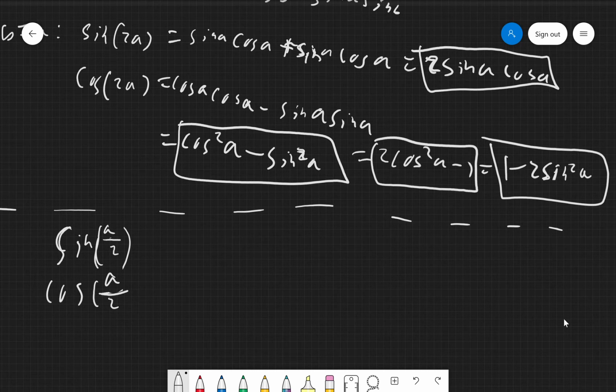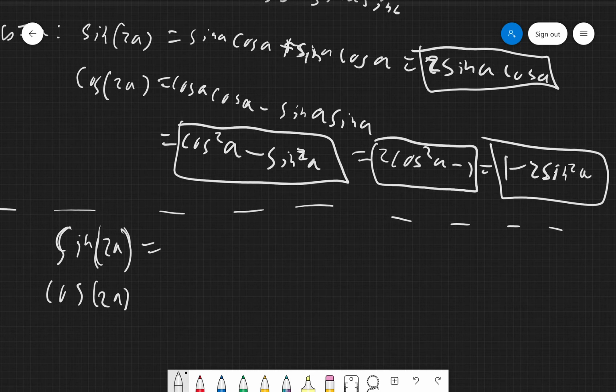So this is just theta, I guess. Now we can rewrite the double angles, right? We have 2a. If we say theta is equal to a over 2, wait, theta is equal to a. No, sorry, a is equal to theta over 2. Sorry about that.